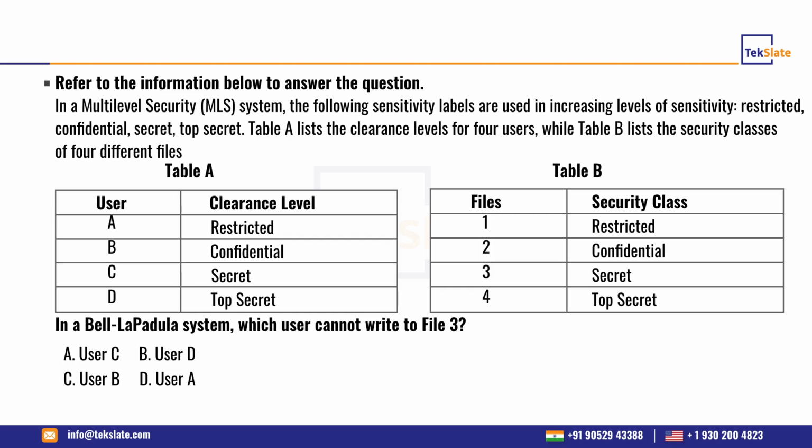So we have users A, B, C, and D. This is table A, this is table B. Now you understand that we have two tables, one contains users and one is files. Now what does the question say? In the Bell-LaPadula model we have discussed, which user cannot write to file 3?